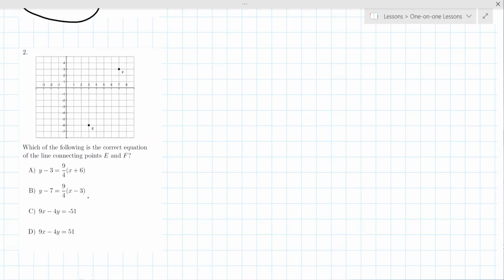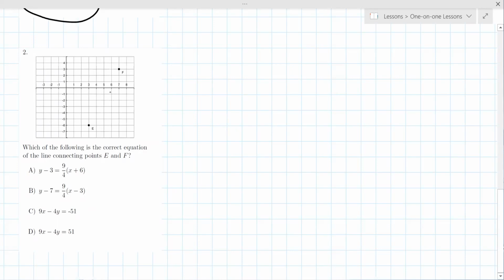And then the second one is y minus 3. Okay, so y plus 6 equals 9/4 x minus 3.